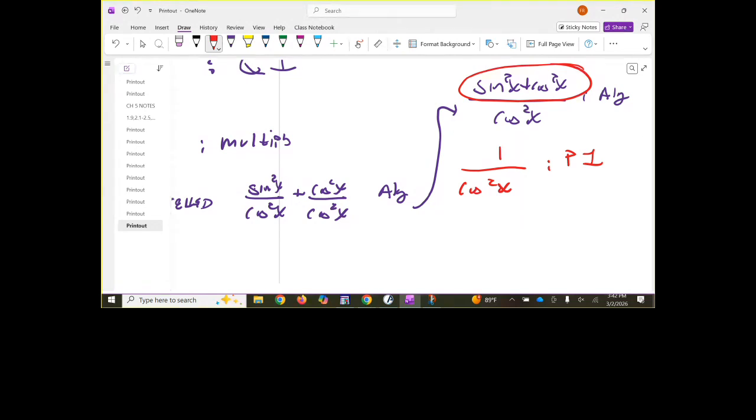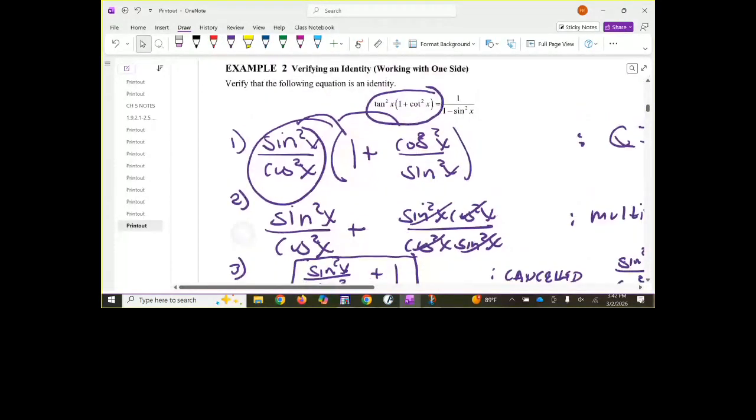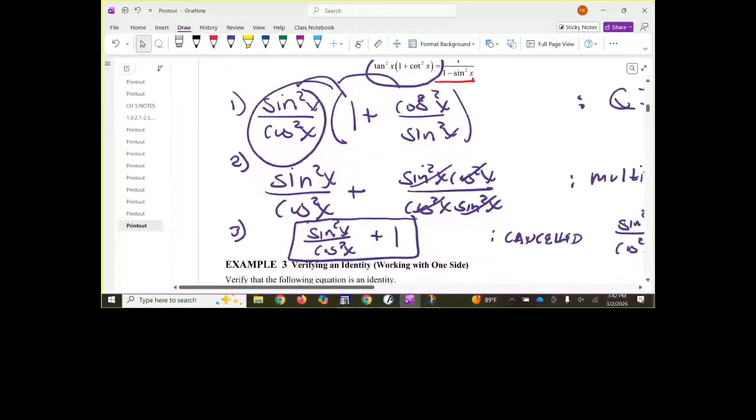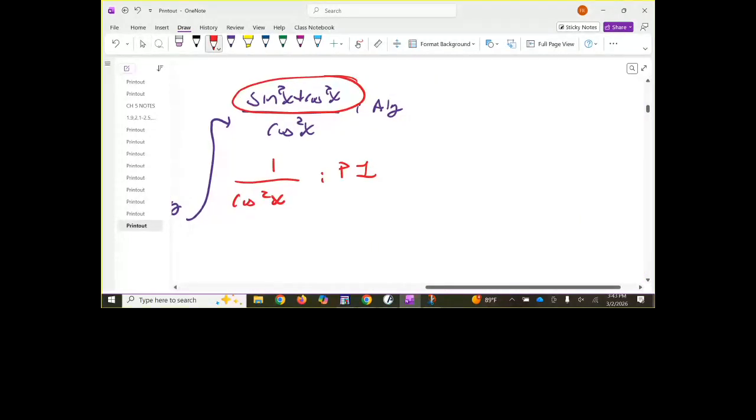Look at what we're trying to get. Right now I have 1 over cosine squared x. What do we have on the other side? We have 1 minus sine squared x. Remember when we said sine squared x plus cosine squared x is equal to 1, but we can also say things like cosine squared x is 1 minus sine squared x.